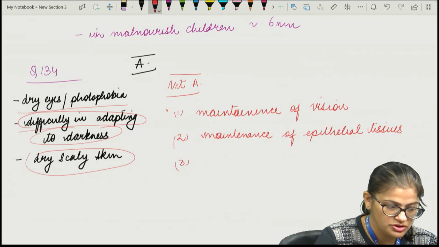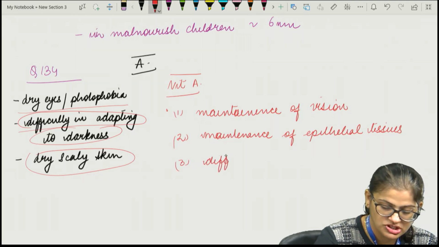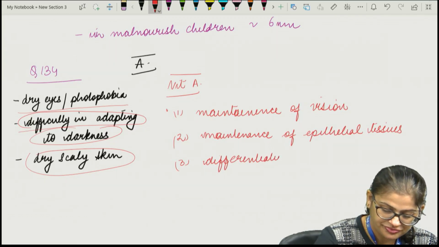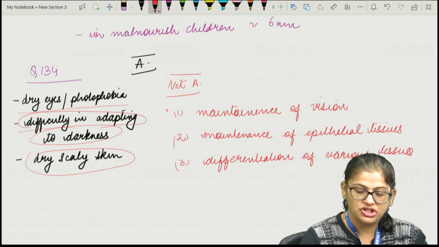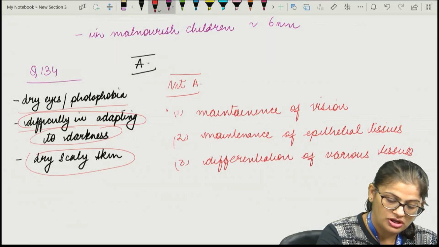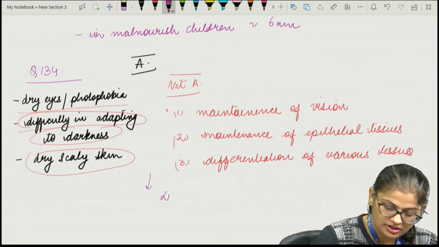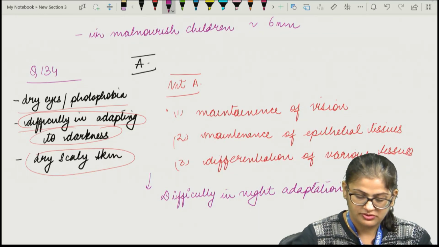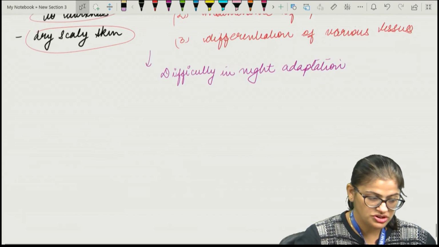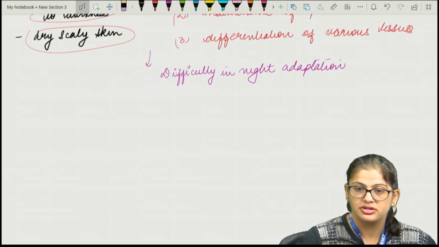And it has also a role in differentiation of various tissues, especially those involved in reproduction. In deficiency of vitamin A, the first sign may be difficulty in night adaptation, or the child may present with frequent falls at night.